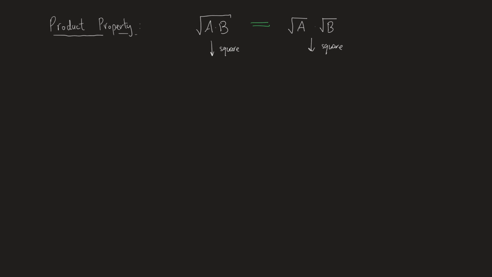Okay, and it's going to look very similar to what we just did. So if I take the square root of a times b and square it, again, by definition, I'll just get ab back. For this other quantity, I will take root a, root b, and square it. Let's write this as root a, root b, times root a, root b.